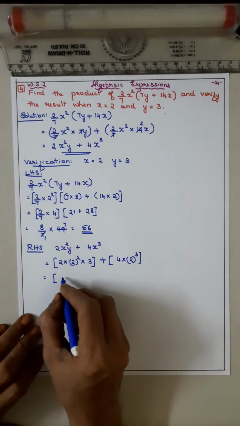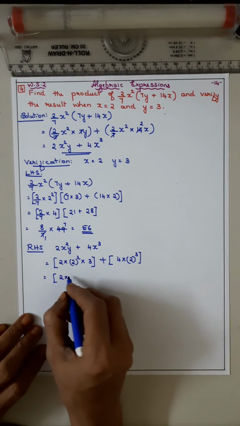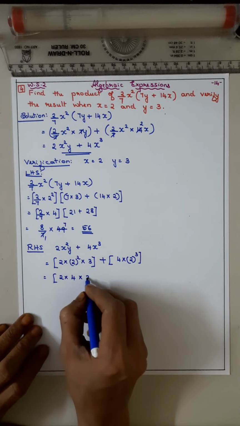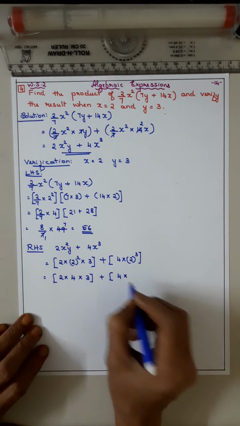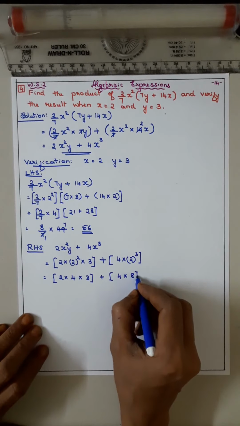Now find the values. 2 into 2 squared is 4 into 3 plus 4 into 2 cubed is 8.